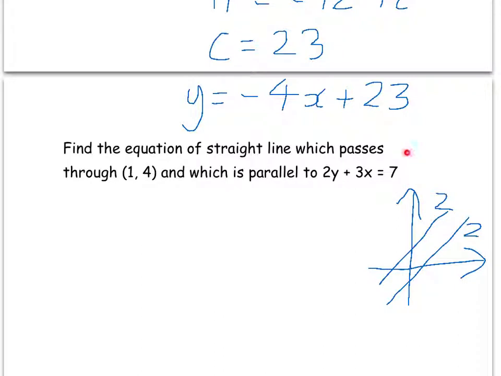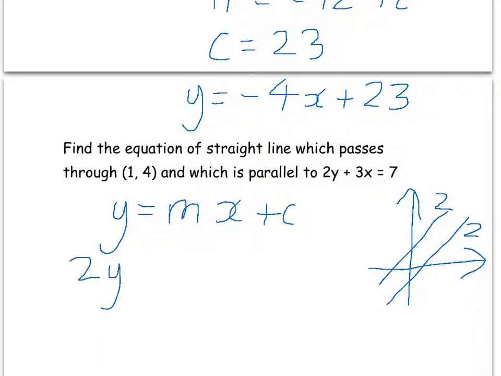Now, firstly, we need to find the gradient of this line. Now, at the moment, we can't do that, because to find the gradient of a line, you've got to have it in the form y equals mx plus c, where m is the gradient. So you've got to rearrange this to make y the subject on its own. So let's do that.